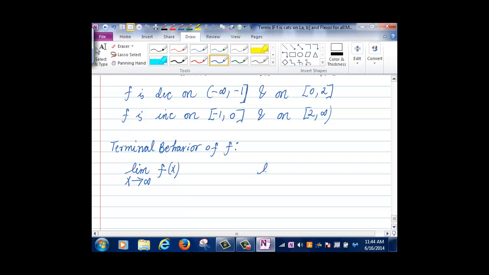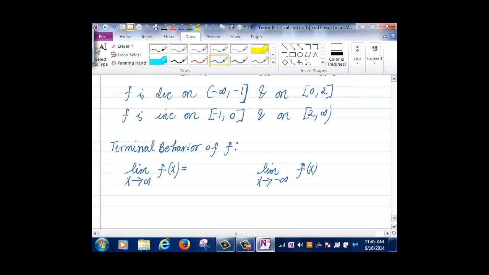And as x goes to negative infinity, what can you tell me about f of x? Now, everyone has the function f of x in front of you, right? It's a polynomial function, right? If I have a polynomial function, as x goes to infinity, what's the limit of that function?